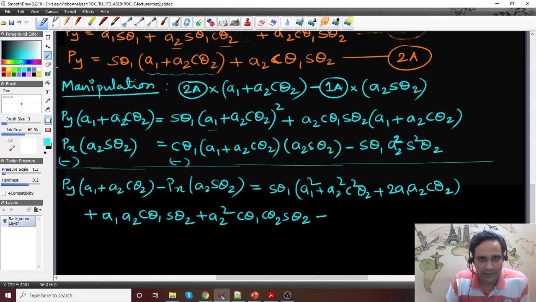A1 into A2 into cos theta 1 sin theta 2 minus A1 A2 cos theta 1 sin theta 2, plus, sorry, minus the next term a2 square cos theta 1 cos theta 2 sin theta 2.